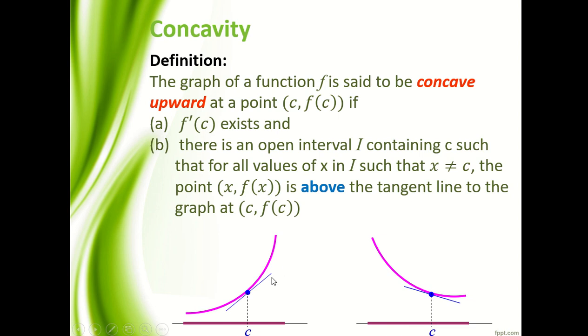In our illustration here, the point is above the tangent line. So if you look at this, this is our tangent line, this is our graph. So we can say that the point is above the tangent line.